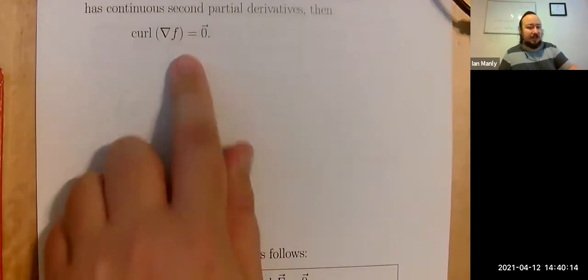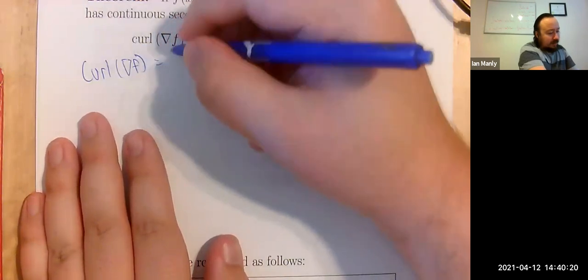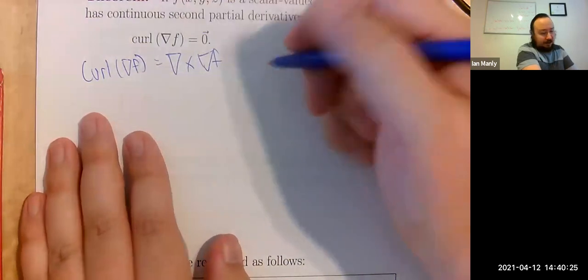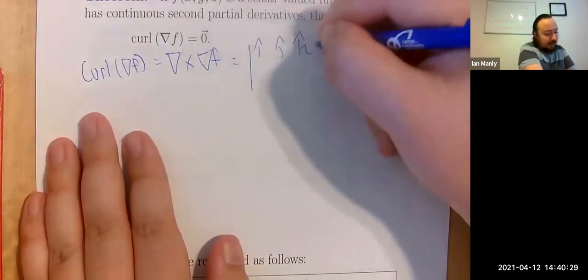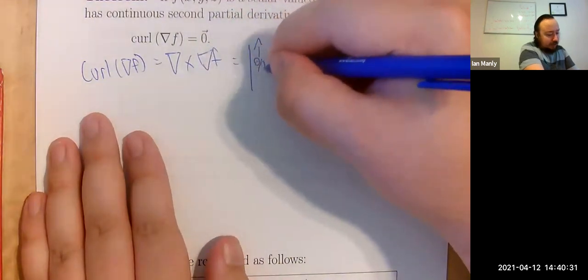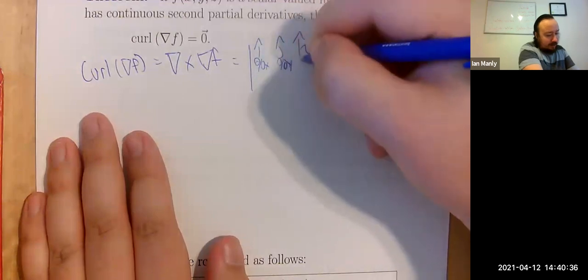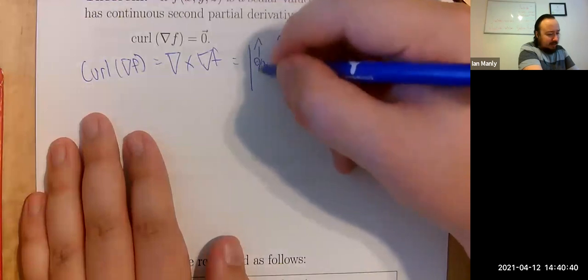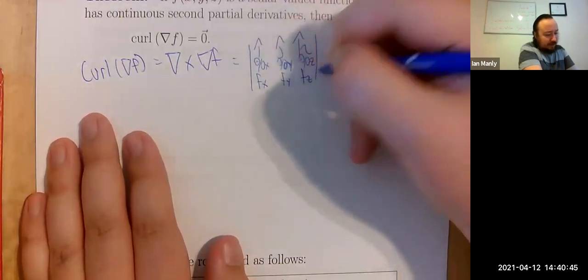So let's see why this is. If we do the curl of the gradient of a function, then this is going to be del cross the gradient of f here. So we have i, j, and k. We have partial x, partial y, and partial z, and then we have partial f partial x, partial f partial y, partial f partial z.